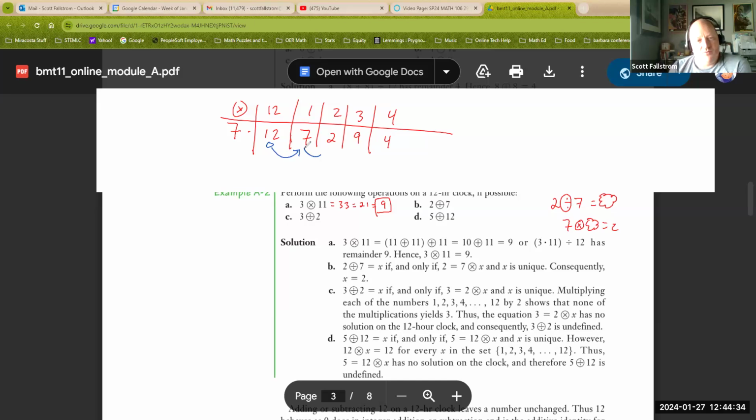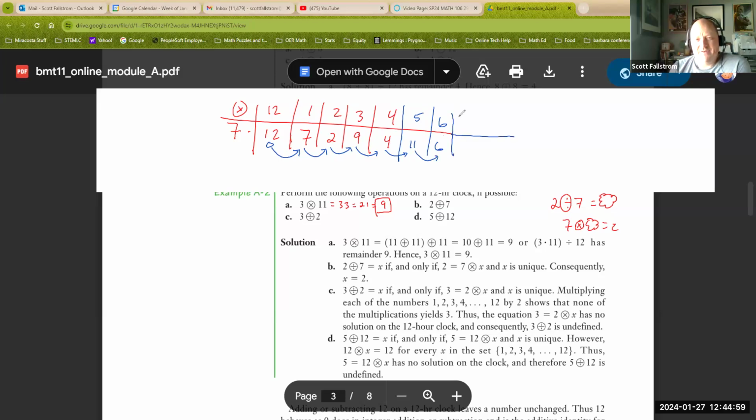If I add a group of 7, that gets me to 14. I have to take off 12, gets me to 2. If I add a group of 7, that's 9. If I add a group of 7, that becomes 16, but I take off 12 is 4. If I get to the next number, adding 7 would just be 11. Adding 7 looks like 18, take off 12. Do you see what I'm doing?